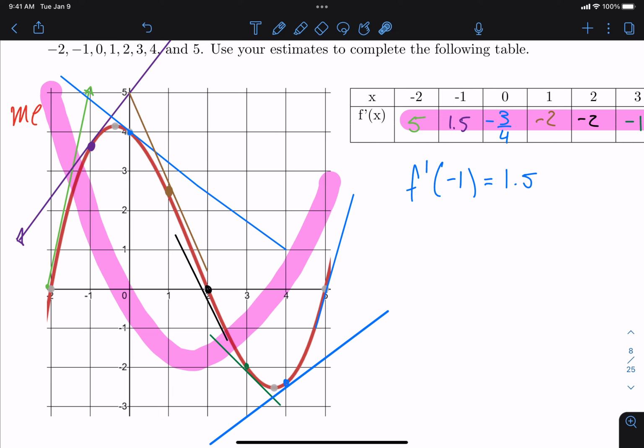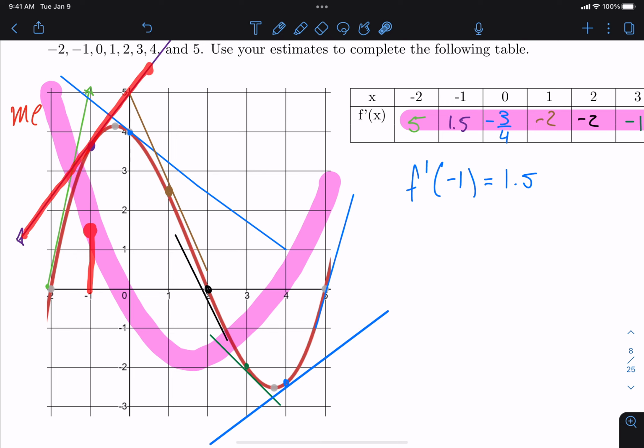And I can use that to make the new function f prime, whose height, this height here, which we said is 1.5, is 1.5 because the slope of this tangent line is 1.5.